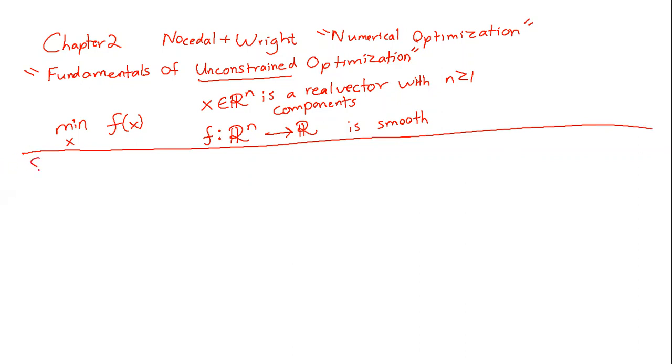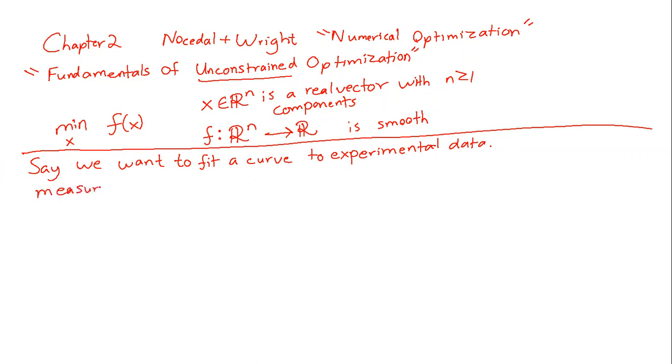Say we want to fit a curve to experimental data. That means we have our measurements, which are in some sense a dependent variable.